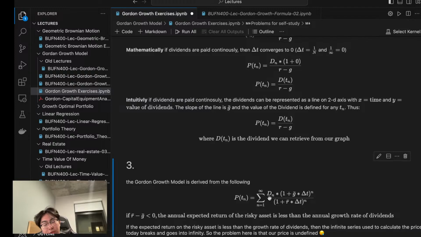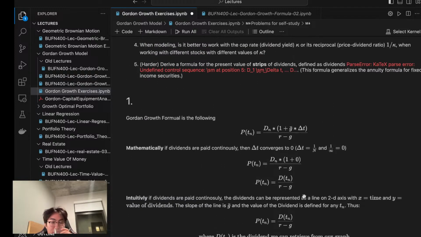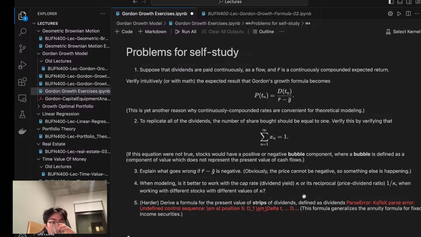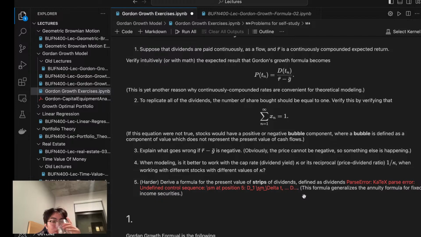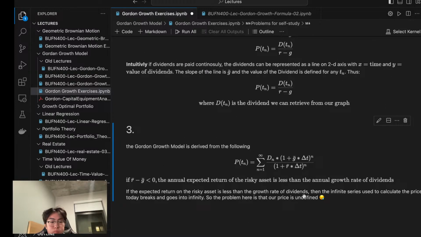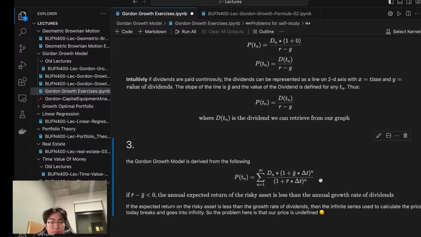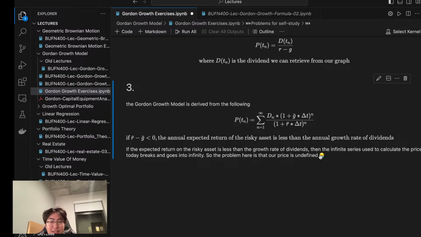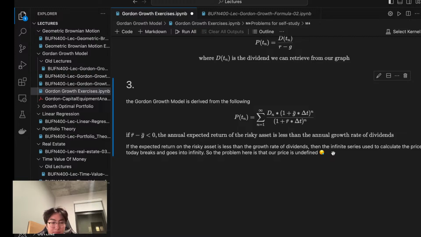The inner product of the dividend times the discount rate. Oh, sorry, discount factor. Okay. Cute little emoji. All right, this makes sense.